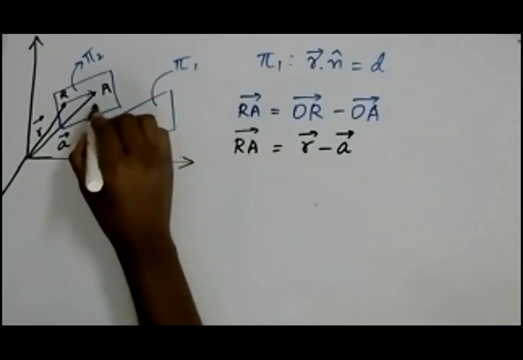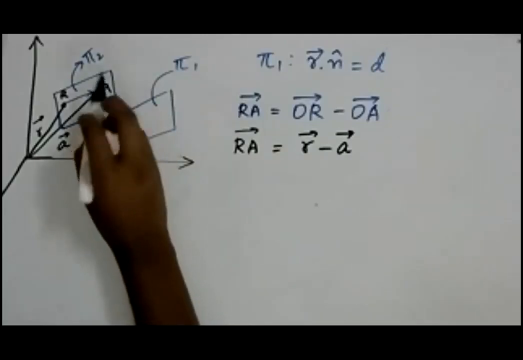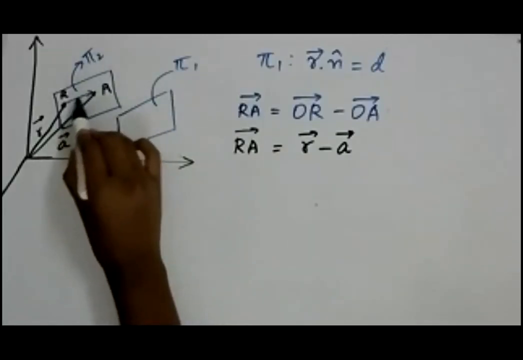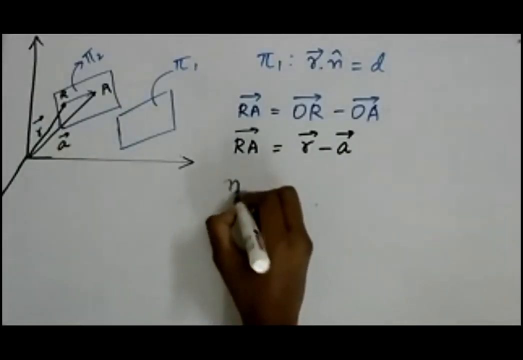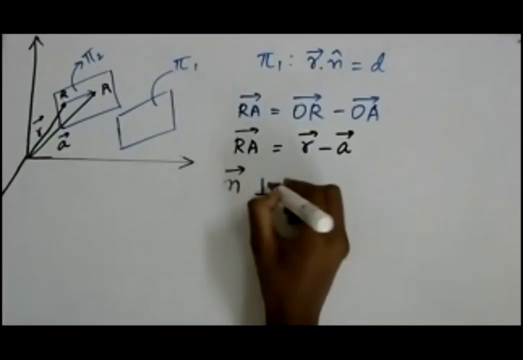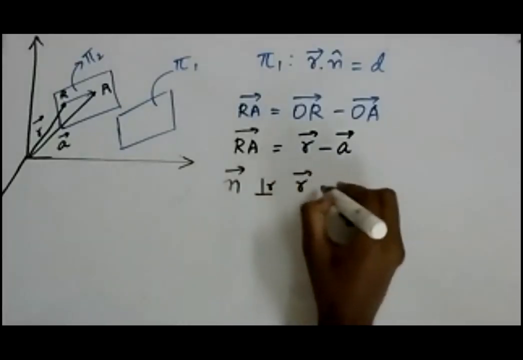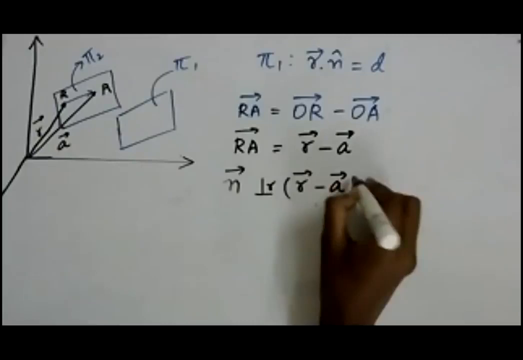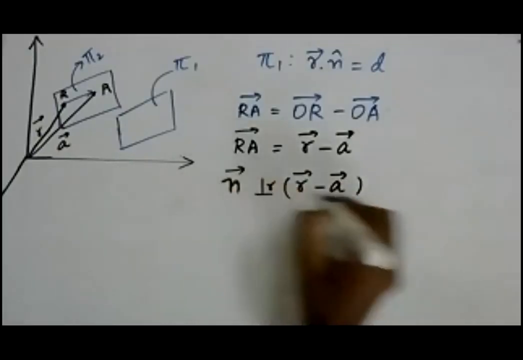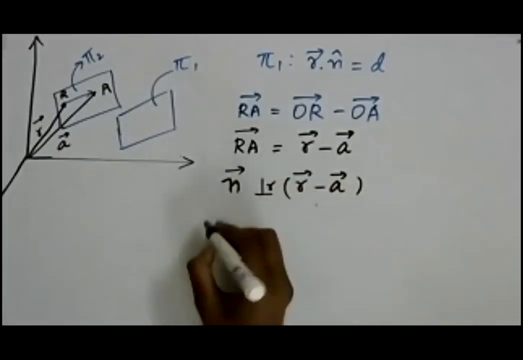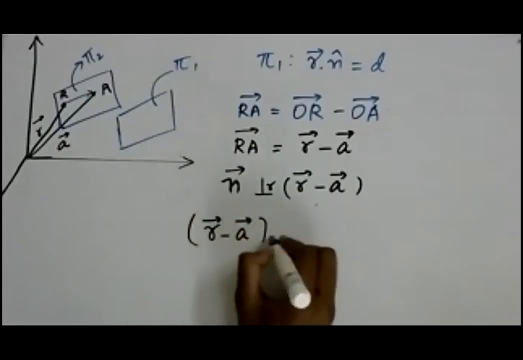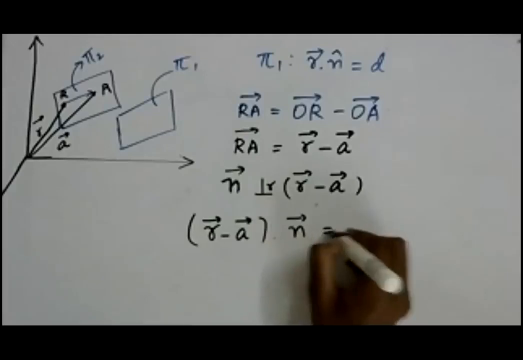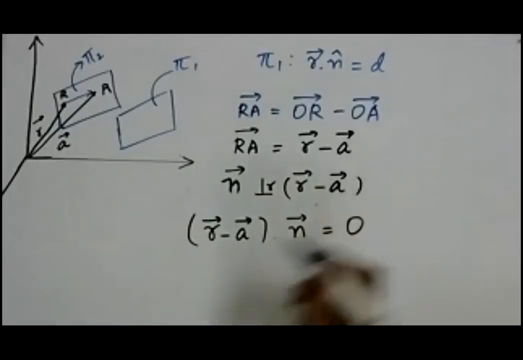If n vector is perpendicular to this plane pi2, then it will be perpendicular to any vector lying on the same plane. Since n vector is perpendicular to r vector minus a vector, their dot product is going to be equal to 0. That is, r vector minus a vector dotted with n vector is equal to 0.